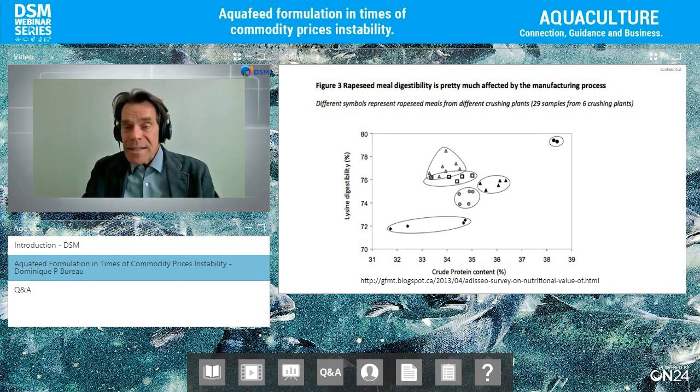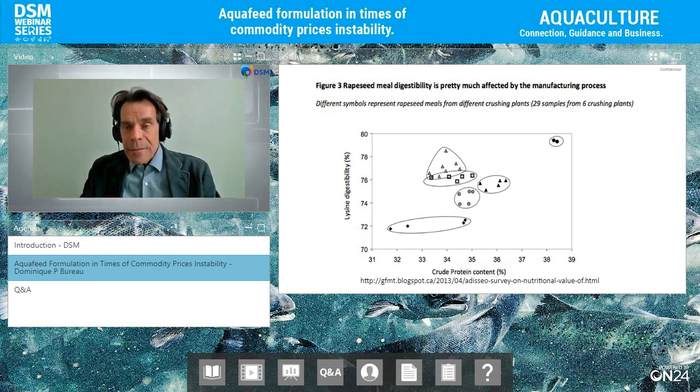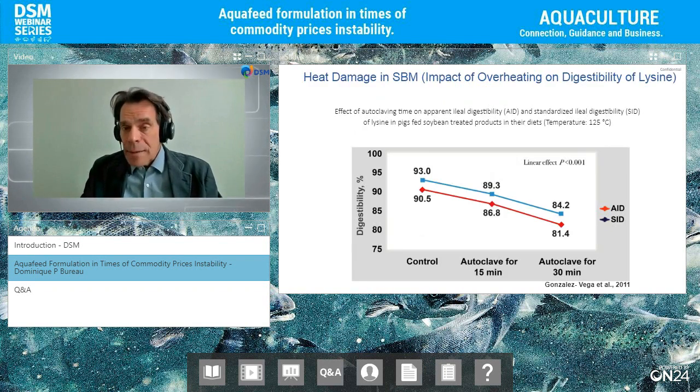So processing is everything in manufacturing an ingredient. Thermal processing is really quite key, and we have to worry about this. And just because you're buying a canola meal doesn't mean it's going to be of consistent quality across country, across supplier, even across season. There will be some variability, and that can cause some issues. Overheating of plant protein or animal protein will cause a reduction in the digestibility and bioavailability of nutrients.